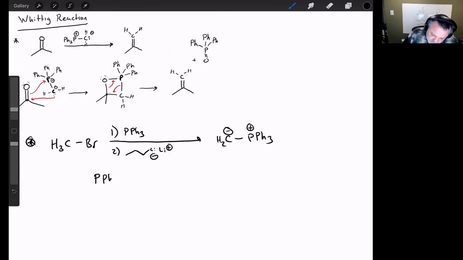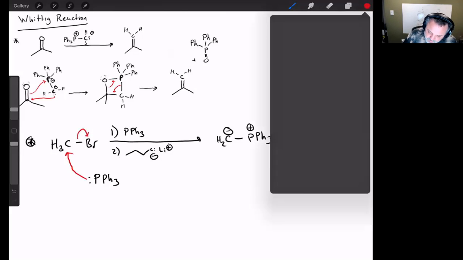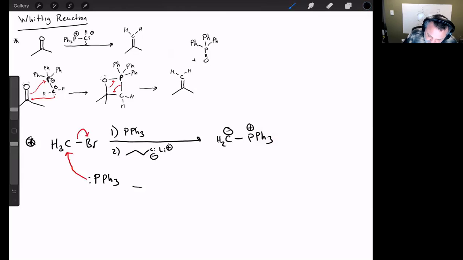The PPh3 has a lone pair of electrons, and this is the important part. It reacts in its first step with the alkyl halide in an SN2 reaction. So this does limit what works as a Wittig reagent, and we'll talk just a little bit more about that in a second.